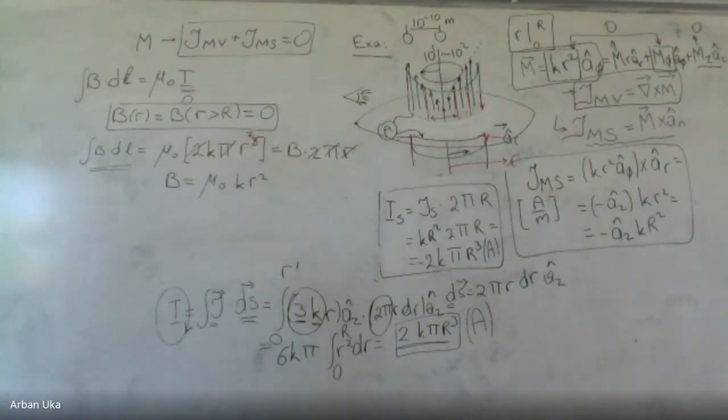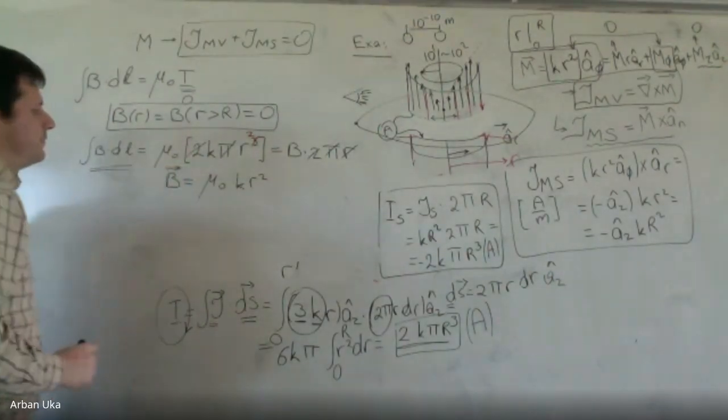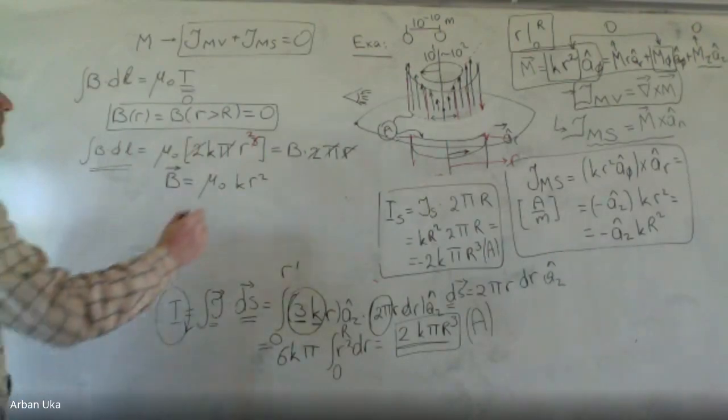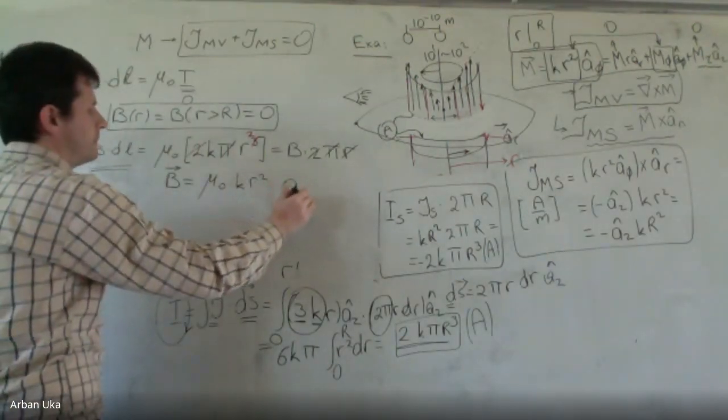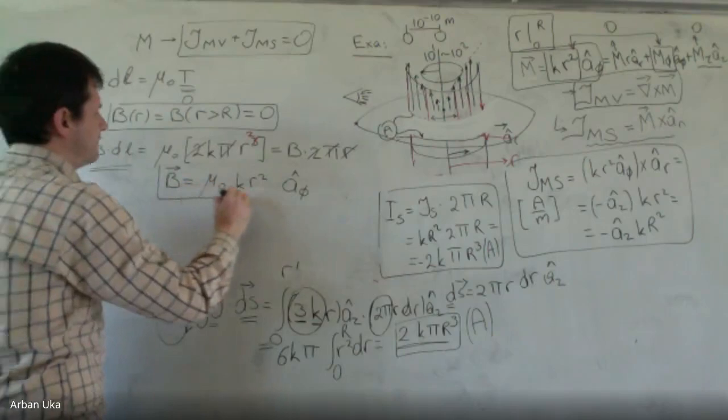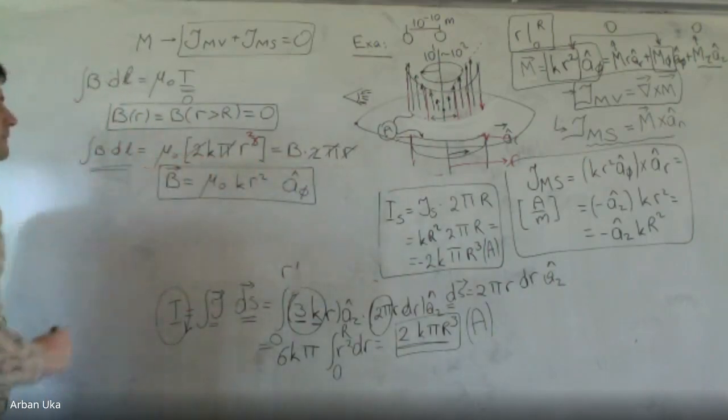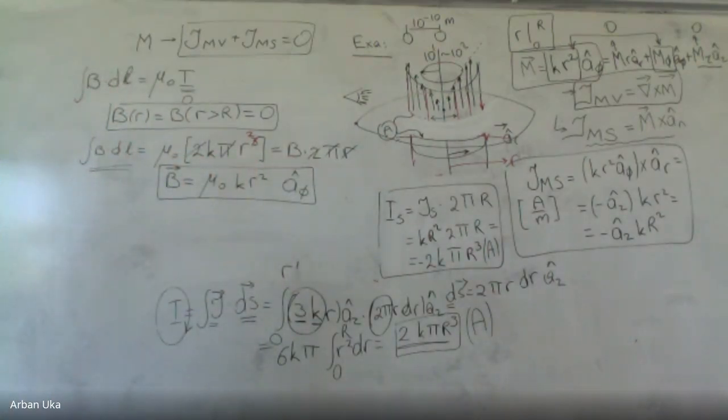But we need also a direction. What do you think the direction is going to be? Okay, let me think for a moment, it's mu 0 k R squared. Yes, that's correct.